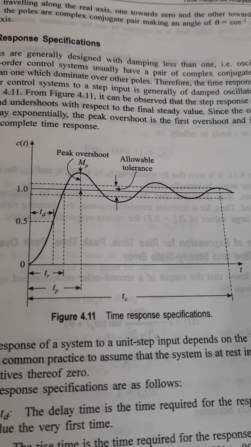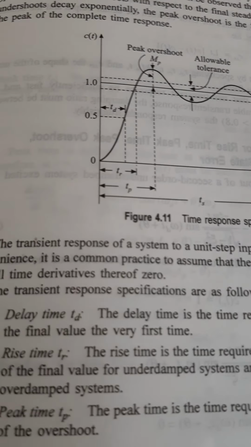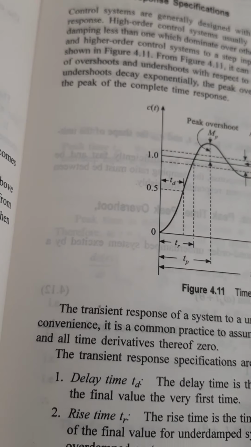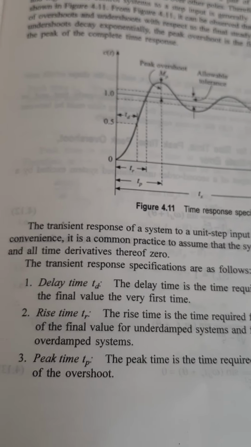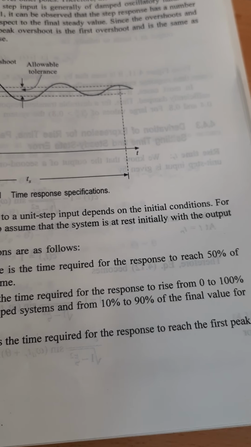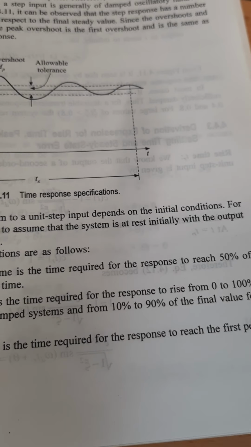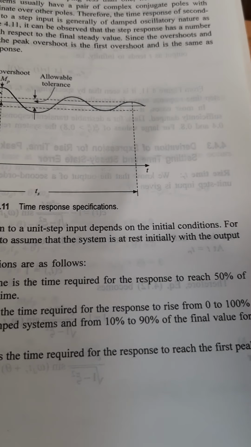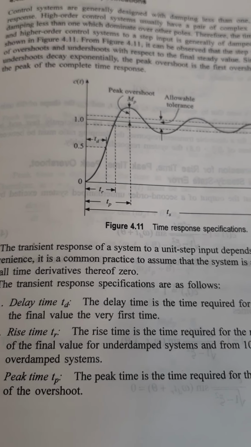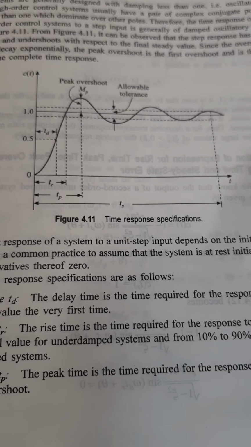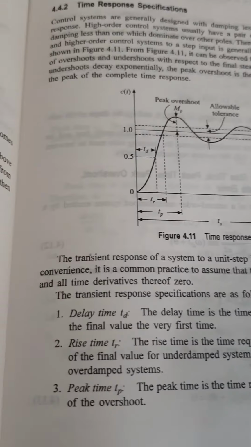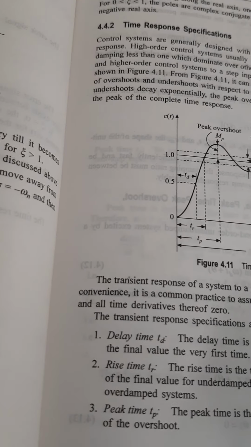And the next one is rise time, TR. The rise time is the time required for the response to rise from 0 to 100% of the final value for underdamped systems, and from 10% to 90% of the final value for overdamped systems.